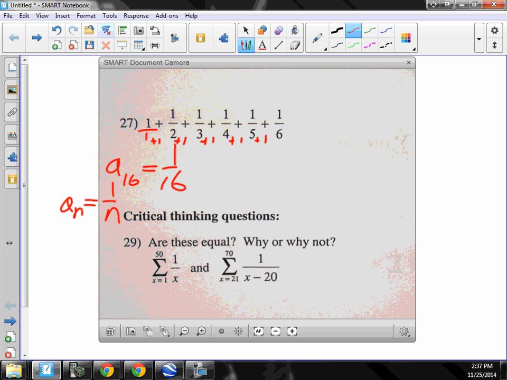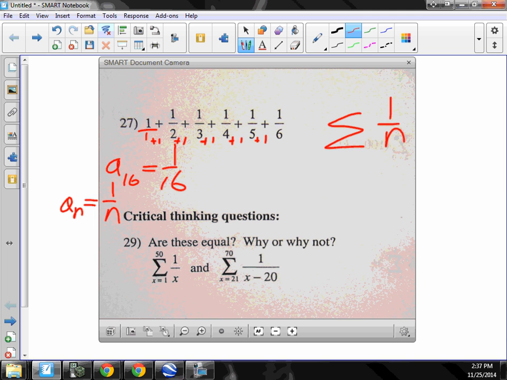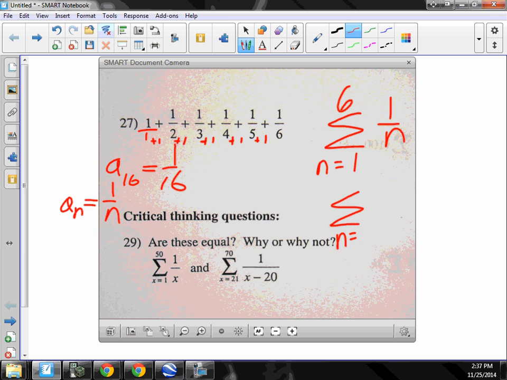So this one is going to be the summation of 1 over n, starting at n equals 1 up to 6. Now, just for your information, don't write this down. The summation, what if I started at n equals 3?